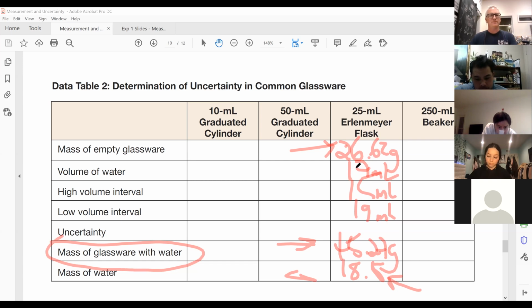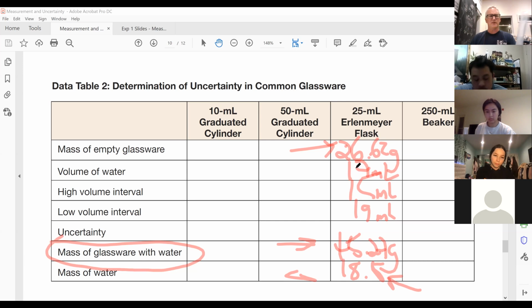If you go up to like 40 on this 50 mil cylinder and look at it, you can tell that it's definitely not 41 and it's not 39. So I would say the high and low volume interval would be somewhere between plus or minus 0.5, or plus or minus 1.